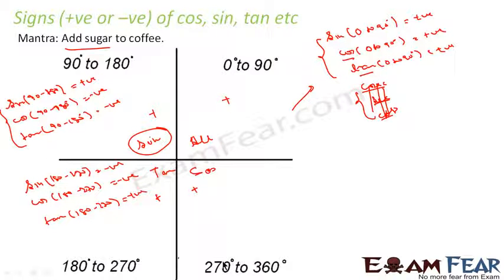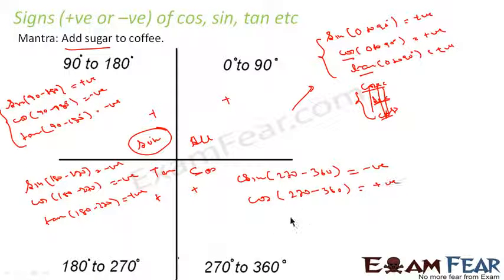Similarly, when I talk about the last range, that's 270 to 360, sine of any number from 270 to 360 always gives you negative. Cos of any number from 270 to 360 will give you positive, and tan of any number in this range will give you a negative value.